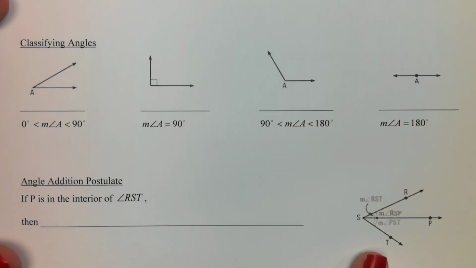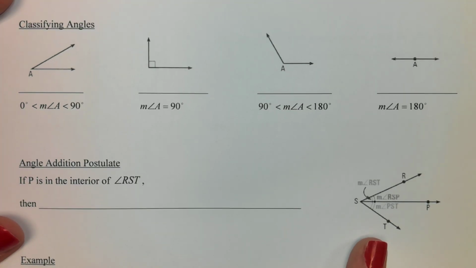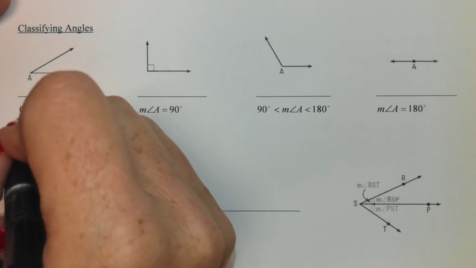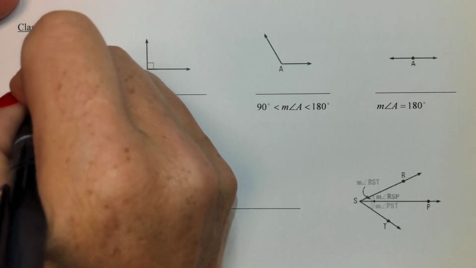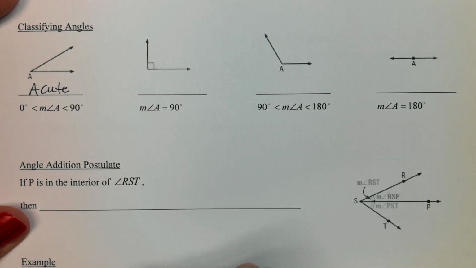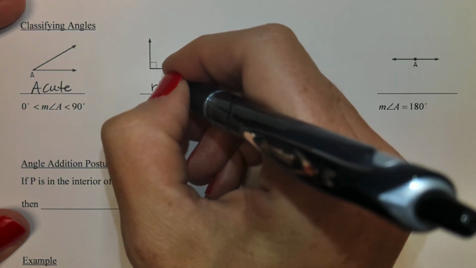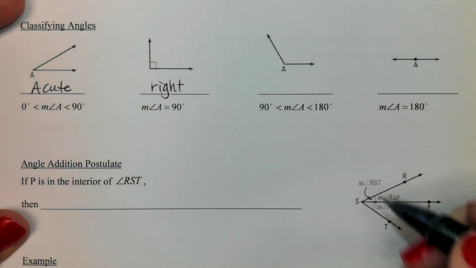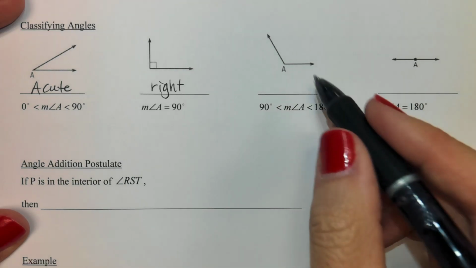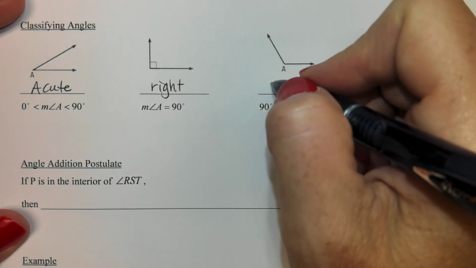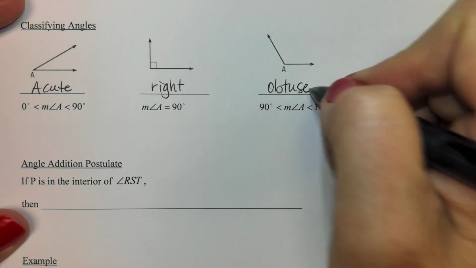Now we're going to classify them. That means tell what type they are, and these words you have all heard before. When an angle is small, anywhere from 0 to 90 degrees, that is called an acute angle. When it has a 90-degree angle in the corner, that box in the corner, that is called a right angle. If it's anywhere from 90 to 180, so kind of a big angle, it's called obtuse.